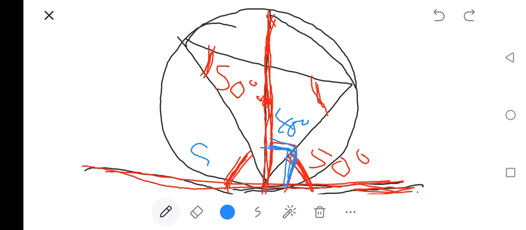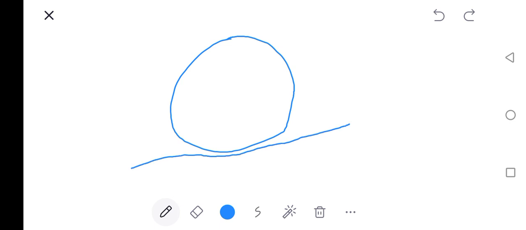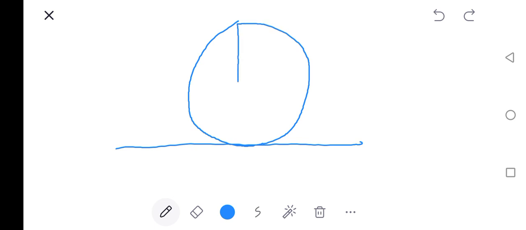Please, it is very straightforward. Whenever you have a tangent, it passes like that. Then you have a presentation like that. You have a tangent, and on this tangent you've got this point, you've got a diameter.